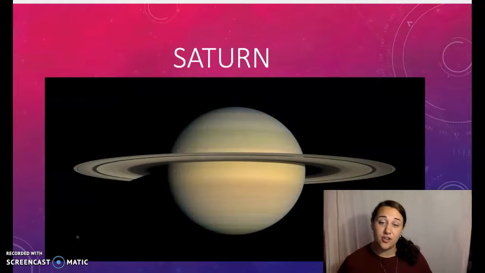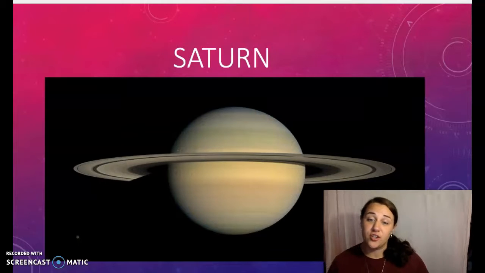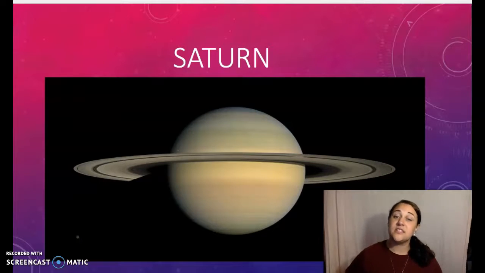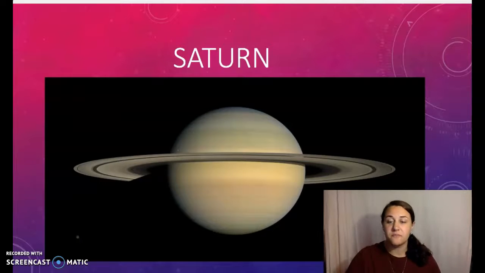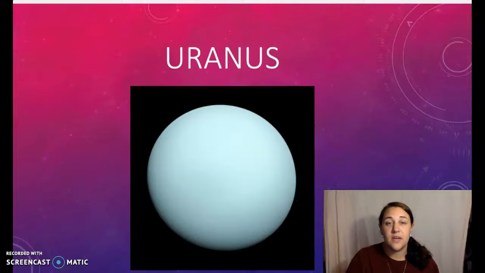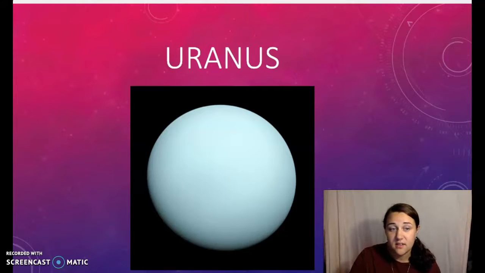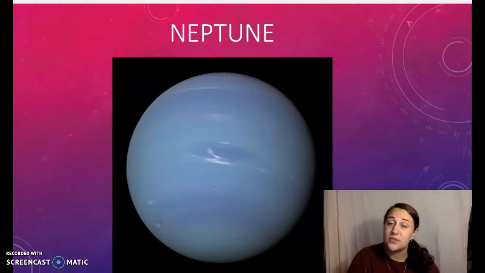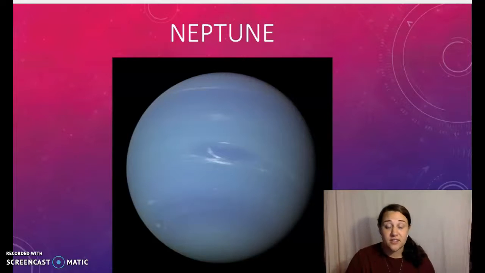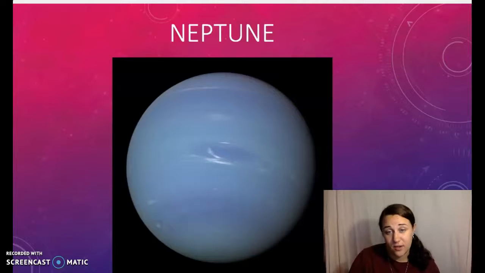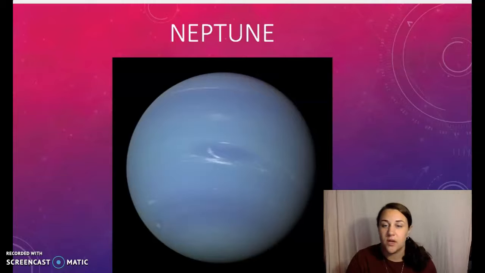Then we have Saturn. Everybody say Saturn. This is our sixth closest to the sun. Then we have Uranus. This is our seventh closest planet to the sun. And last but not least, we have Neptune. Everybody say Neptune. This is our furthest planet from the sun, our eighth and final planet. Okay, so those are the planets that make up our solar system. We will learn about each one with more detail as the summer progresses.